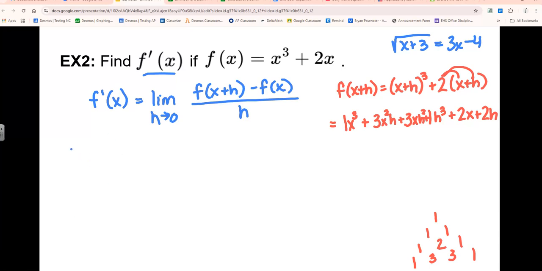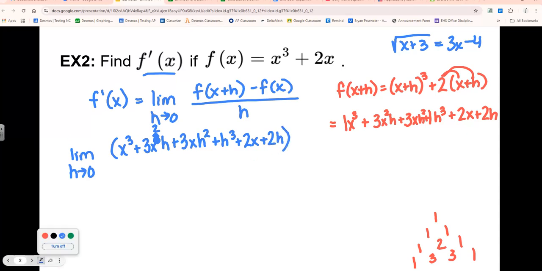We'll be doing the limit as h approaches 0 of, we're going to put all this stuff in parentheses, x to the third plus 3x squared h, oh, I'm sorry, that's squared right there, that's not cubed, that's a 2 right there, plus 3xh squared plus h cubed plus 2x plus 2h.